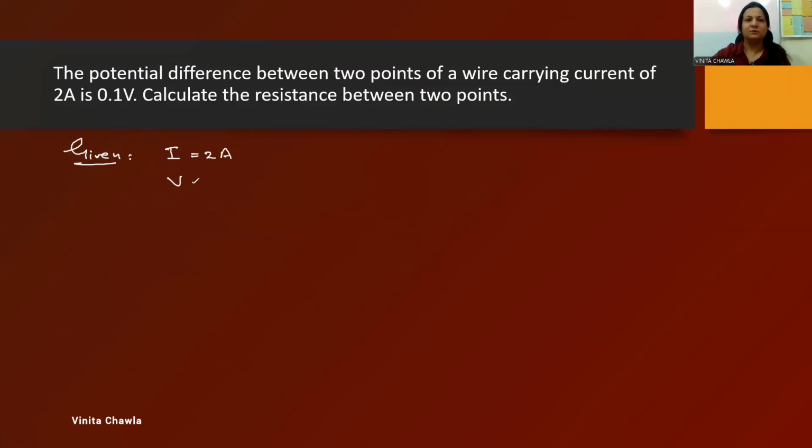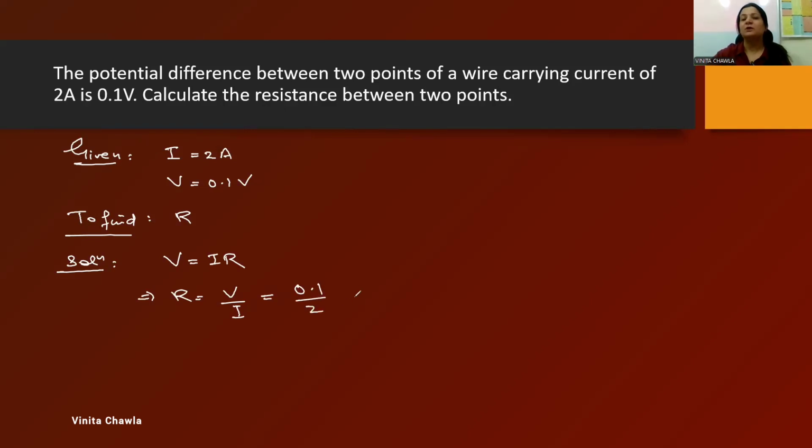Voltage is given. To find R. R is equal to V upon I. Now we will put the values 0.1 upon 2. What are you getting? 0.05 is the correct answer.